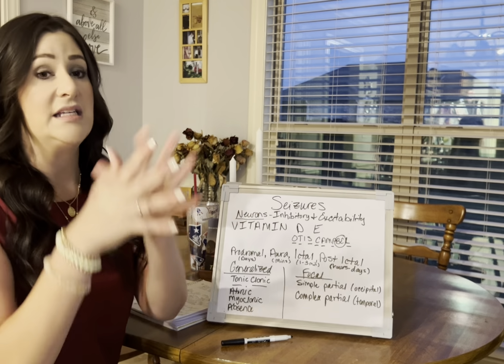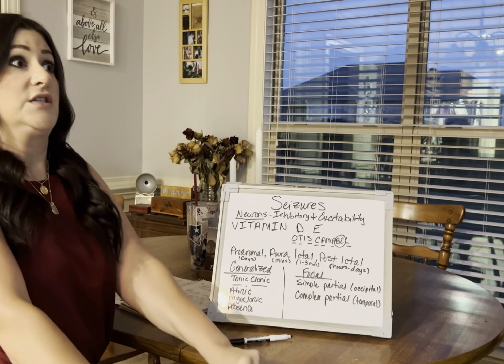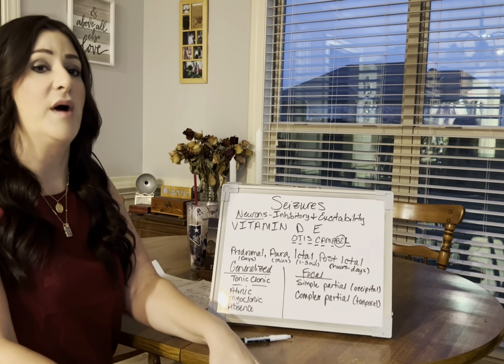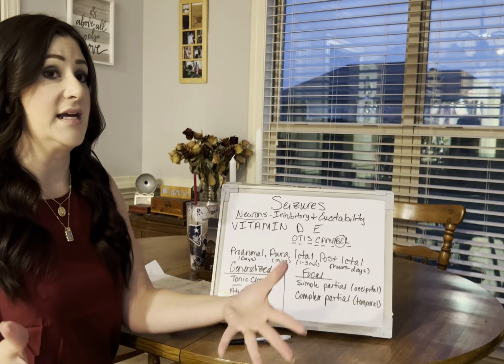You can have a tonic seizure where the patient is just very stiff, with stiffening of their entire body, and they don't ever go into the clonic phase.